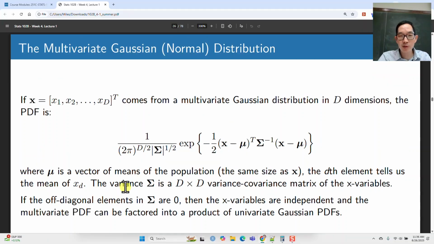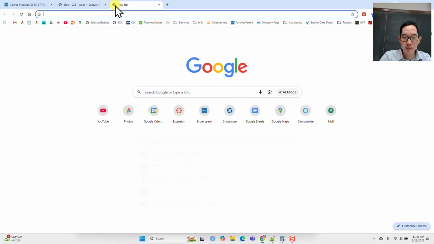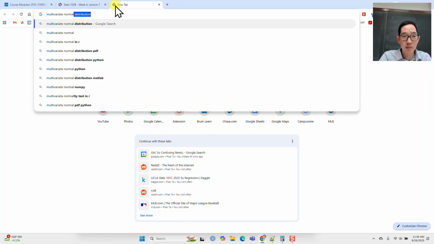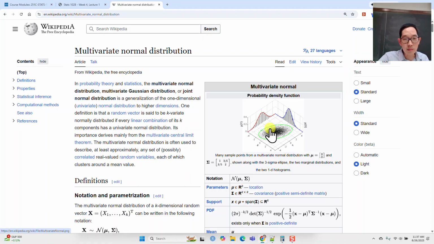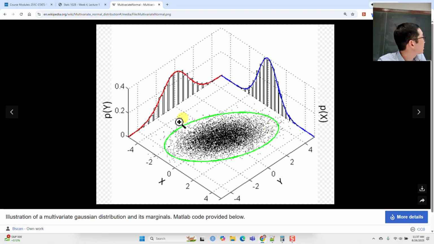So the multivariate normal distribution, so this is a joint distribution. And here we have, I guess, a multivariate distribution on X and Y. And so properties of the multivariate normal is that if you look only at X, X is normally distributed, okay?